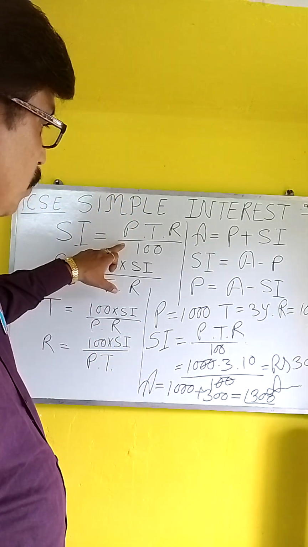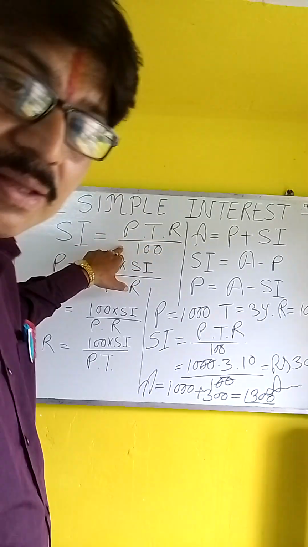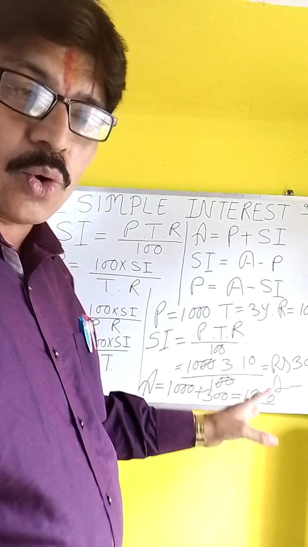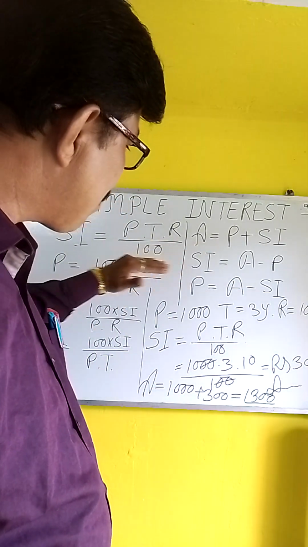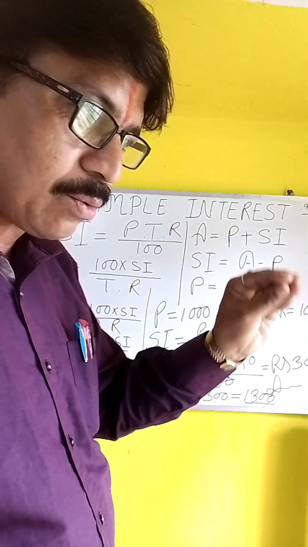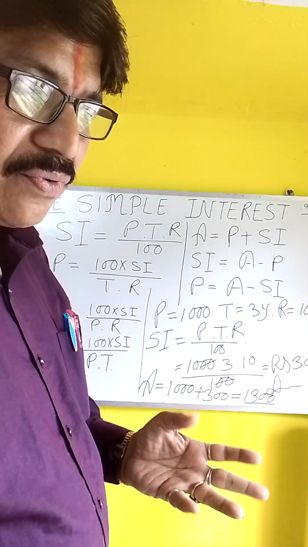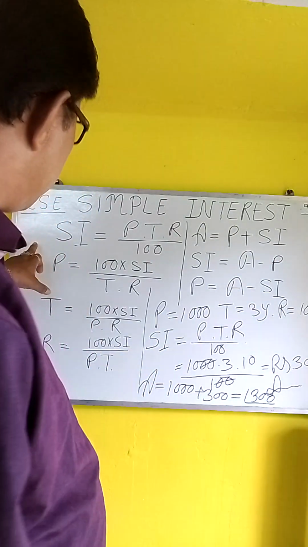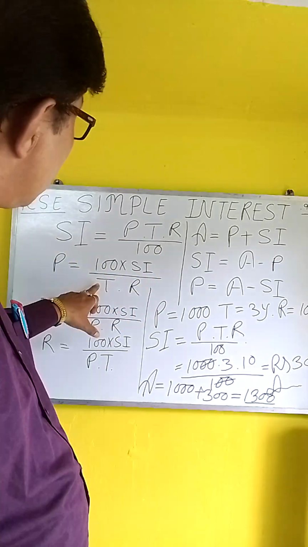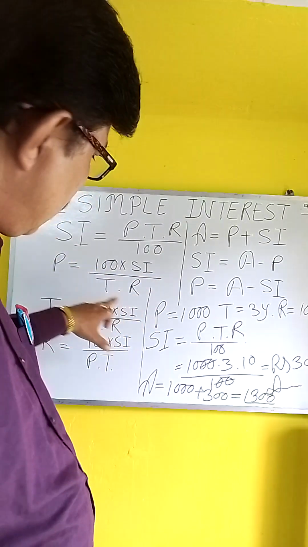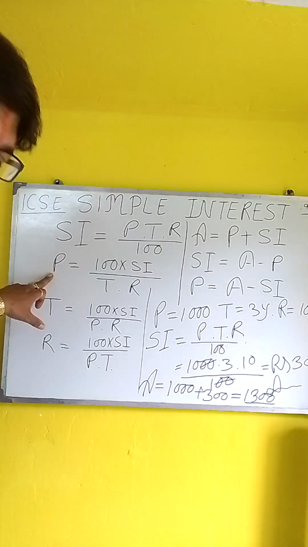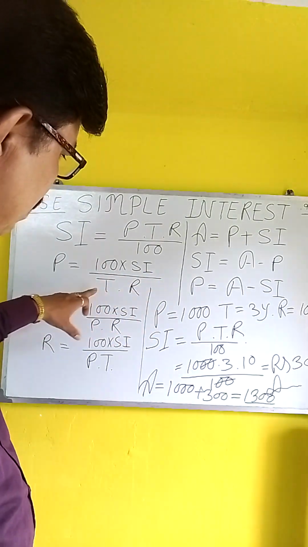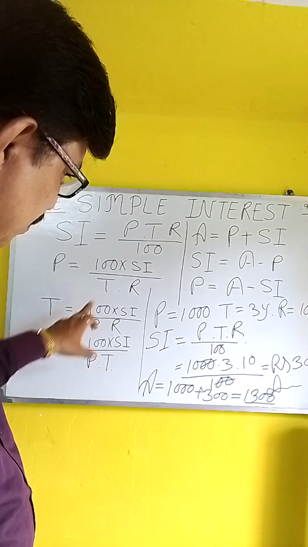Simple interest is equal to P into T into R by 100. मैं इसको इस तरह बोलता हूँ, अगर किसी से उधार लिया तो PTR बाई 100 हो जाएगा. If you do not repay the debt, principal is equal to 100 into SI by T into R. For principal, we have to take this formula 100 into SI, that means simple interest, by time into R, rate of interest.